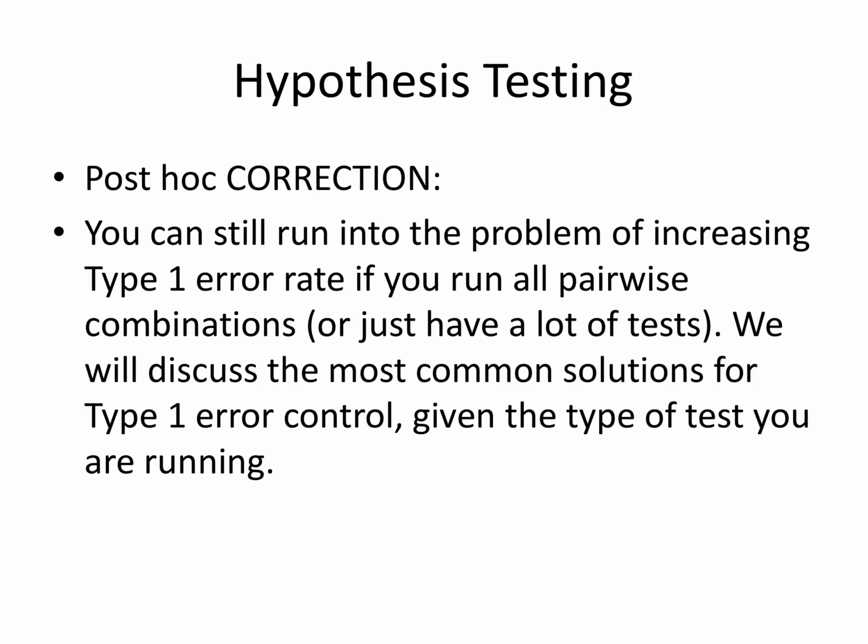You're like, why do this stupid ANOVA thing when I'm essentially doing the t-tests anyway? So we're still going to have to deal with type 1 error problems. So if we're going to run all of those pairwise combinations, or any time you have a lot of tests, we're going to have to control for type 1 error. And that control can be based on the type of test we're running, or we can pick one of the global options that are available to us.